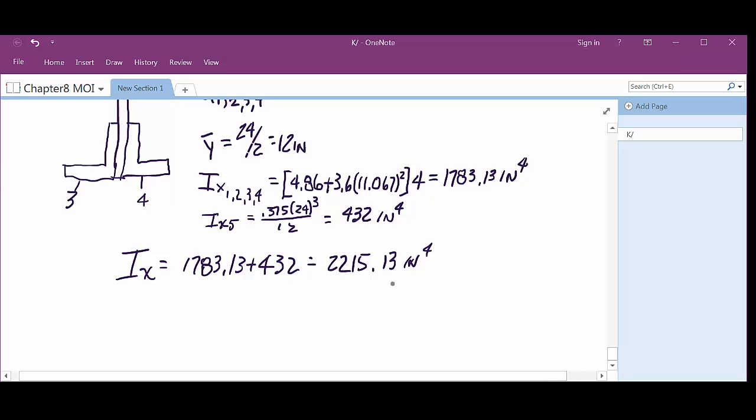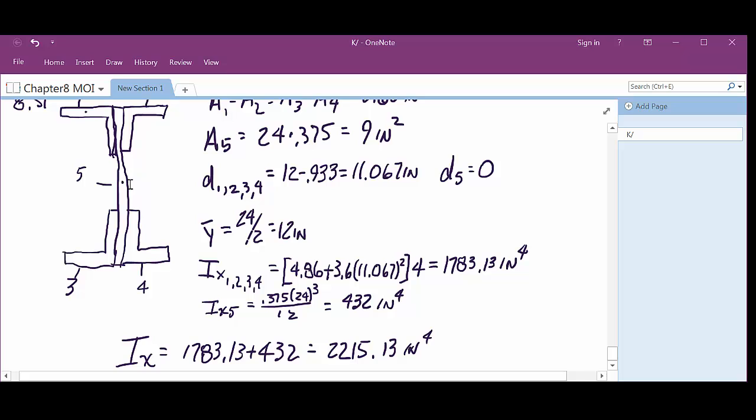Moment of inertia about the centroidal XX axis, which is where that 5 is pointing to actually. Just make sure you get your orientation right. It's the key.